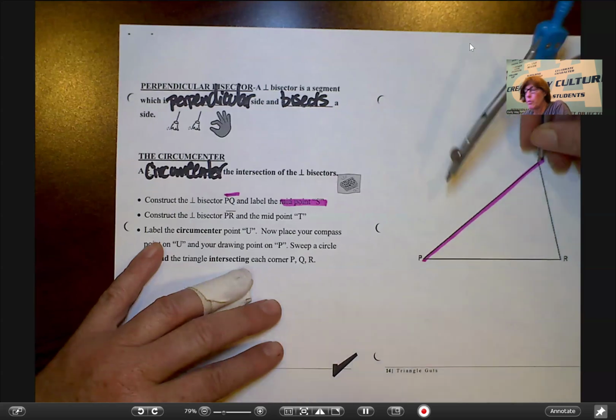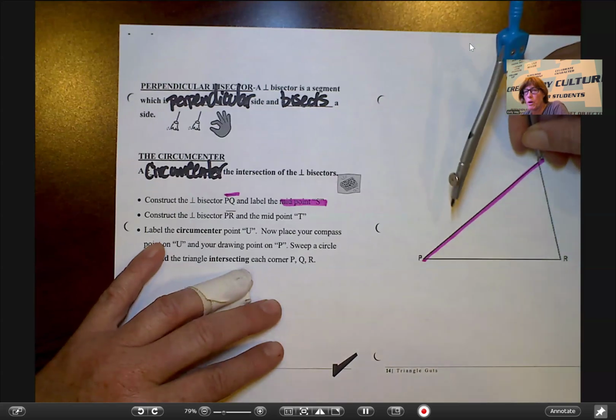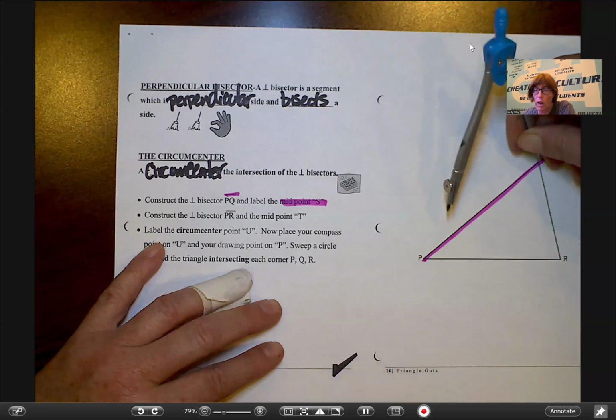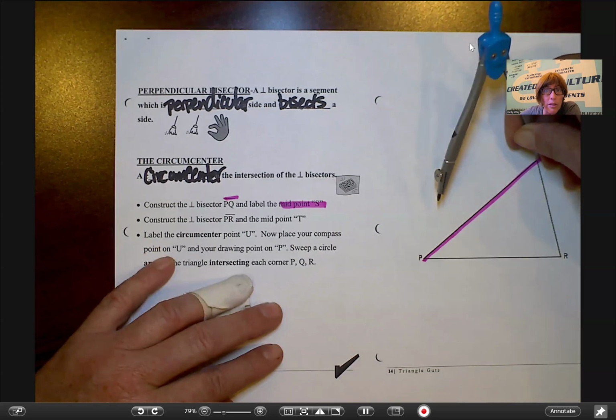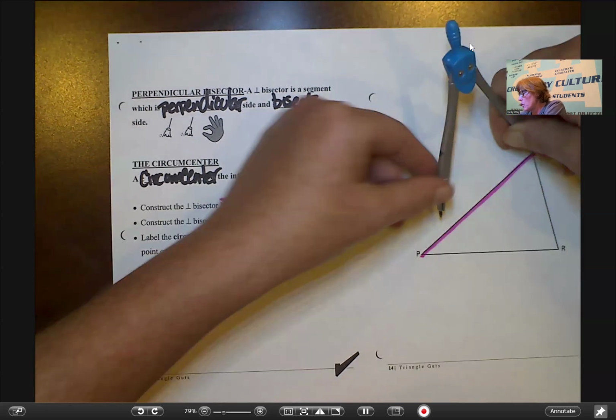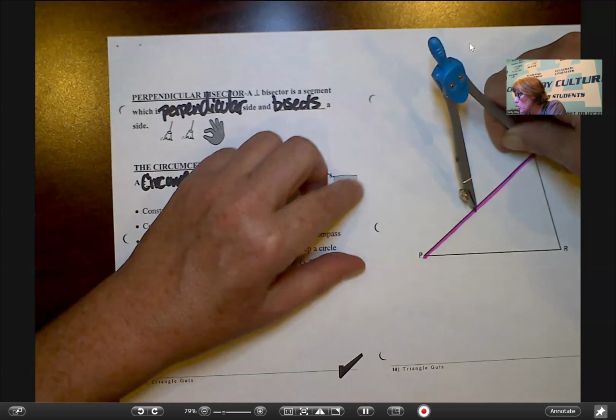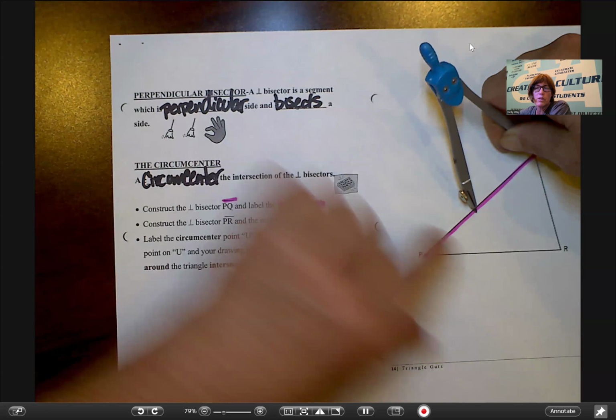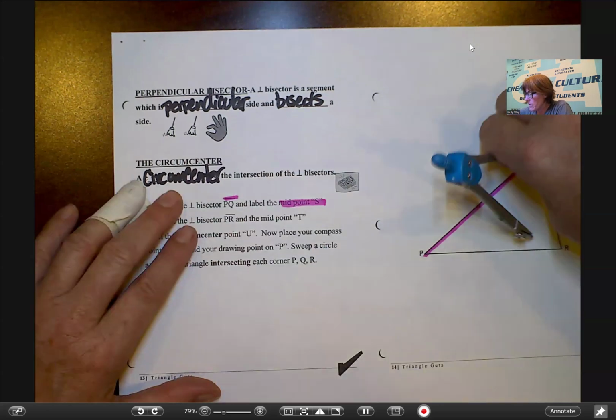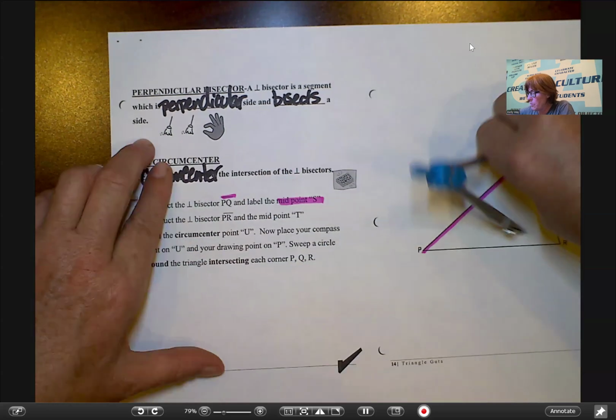Put your pivot on an endpoint. You want to be as accurate as possible here. There's a really good reason why. Something really cool happens when it is. And you want to go just past what looks like the middle of the segment. And it's sweep.